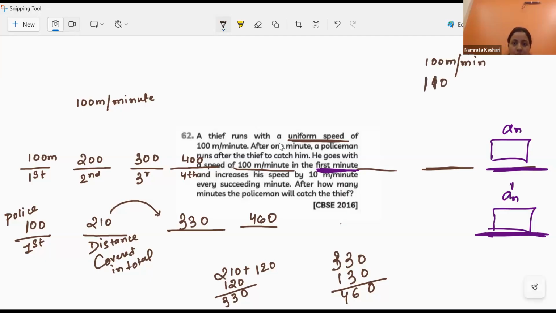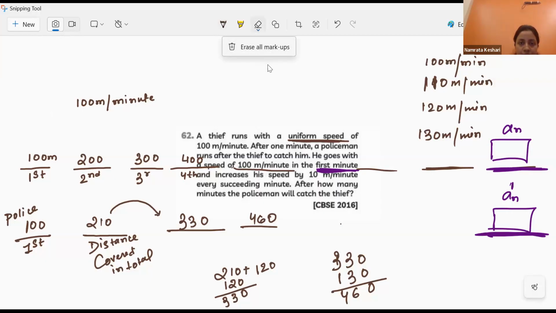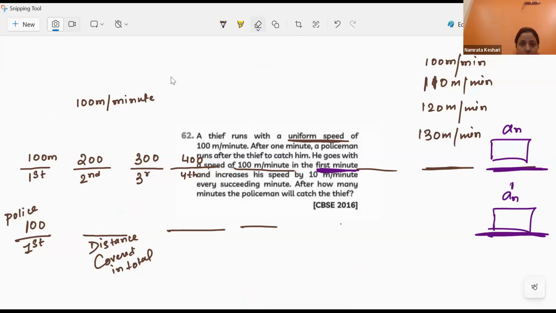It's not coming out as a AP, right? When I was adding like this, it was not coming out as a AP.